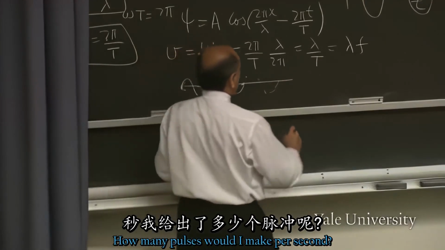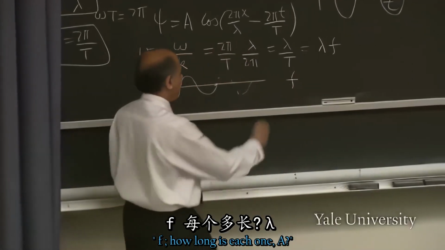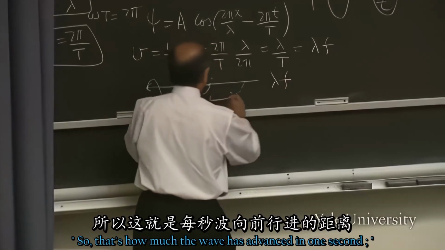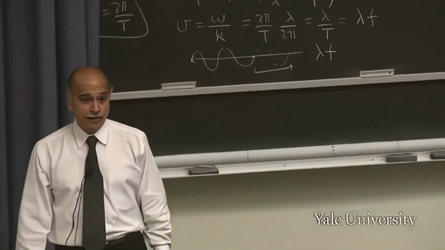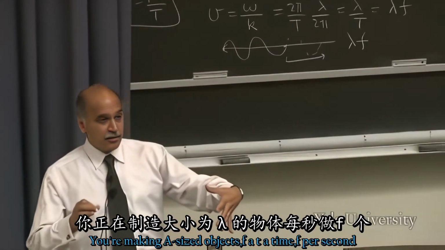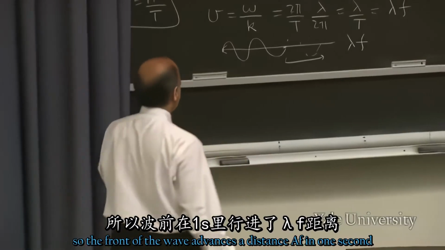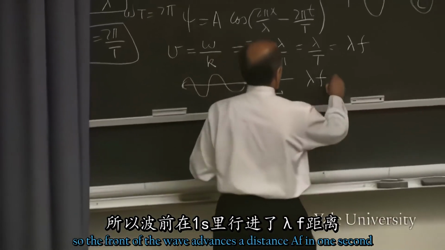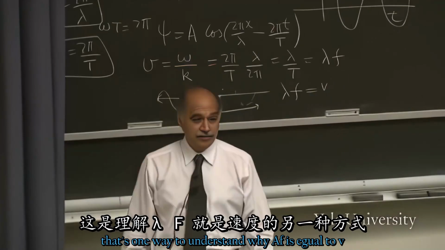How many pulses would I make per second? f. How long is each one? Lambda. So that's how much the wave has advanced in 1 second. That's why it's the velocity. You're making lambda-sized objects, f per second, and pushing them out. So the front of the wave advances a distance lambda f in 1 second. That is the velocity. That's one way to understand why lambda f is equal to v.